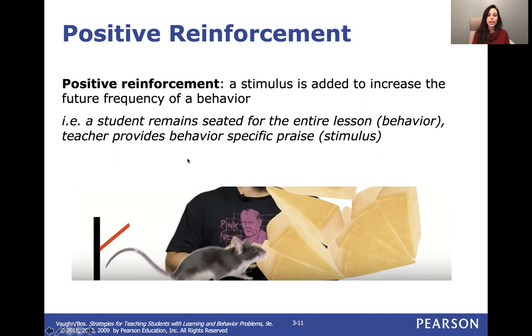So the first one is positive reinforcement. We know that positive means to add, and reinforcement means to increase the behavior. So we're adding something to increase a behavior. An example would be the student remains seated for the entire lesson, which is the behavior. So you in turn provide behavior specific praise.